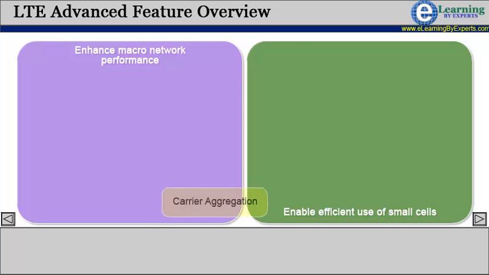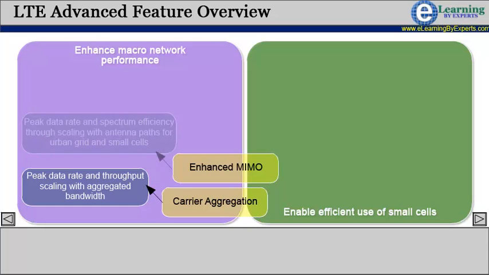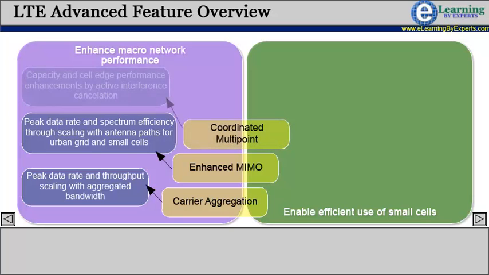Carrier aggregation enables improved peak data rate and throughput scaling with aggregated bandwidth. Enhanced MIMO enables higher peak data rate and spectrum efficiency through scaling with antenna paths for urban grid and small cells. Coordinated multipoint enables capacity and cell edge performance enhancements by active interference cancellation.